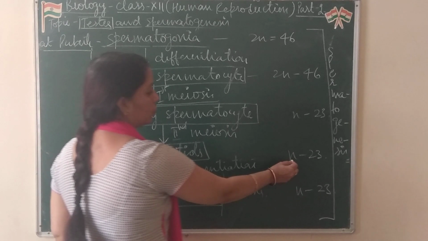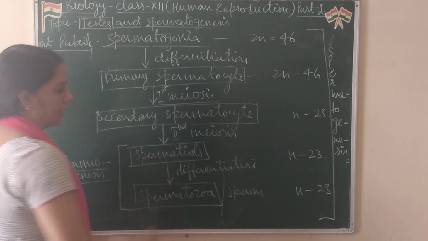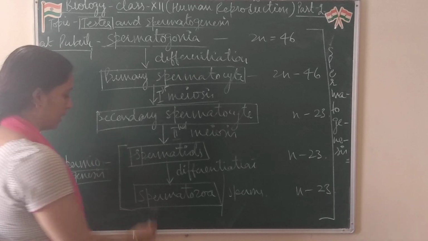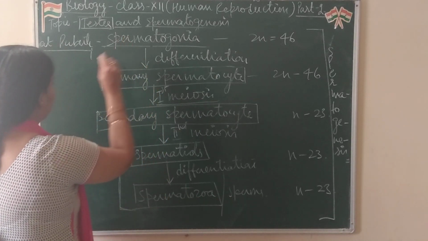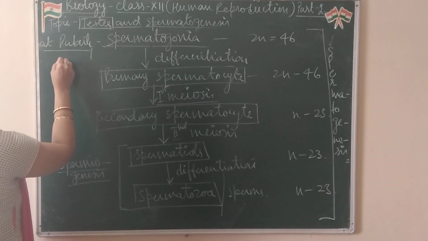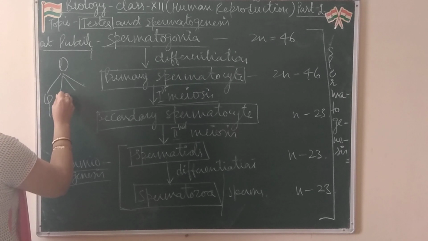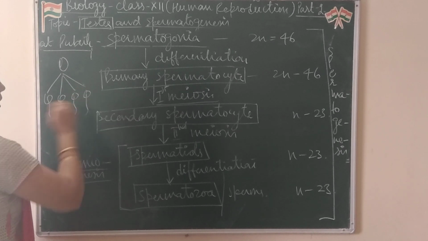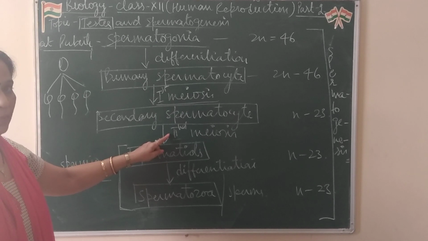Spermatids have 23, that means a haploid set of chromosomes, and they undergo differentiation and maturation and form spermatozoa or sperms. So one spermatogonium will form 4 spermatozoa or 4 sperms, because it is producing gamete cells by the process of meiosis.